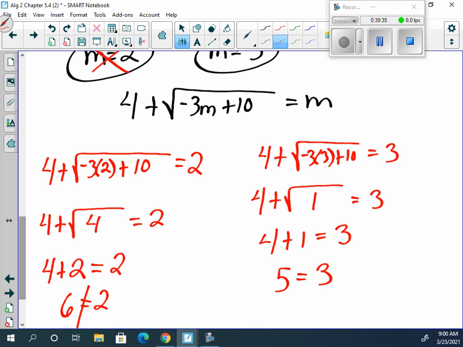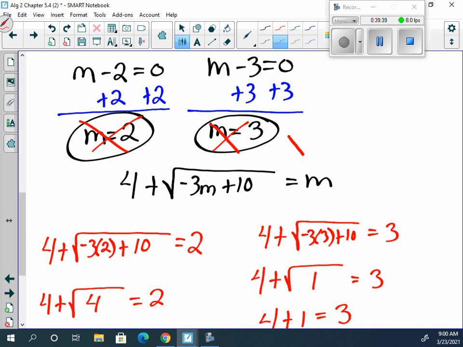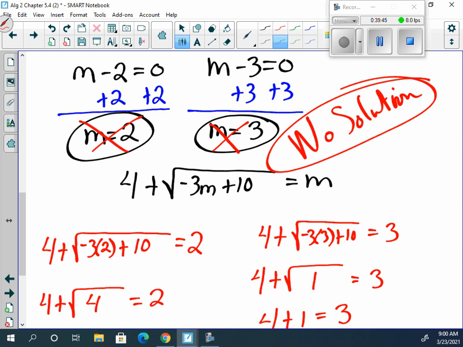It's 5, equal to 3. So, not by hand. There's not an easier way than that, solving it by hand, because you could plug it into the calculator to get there.